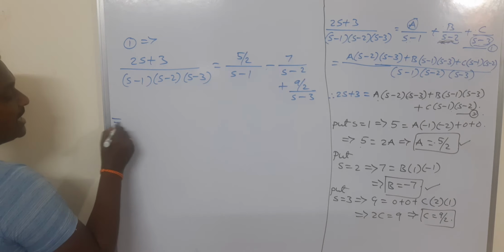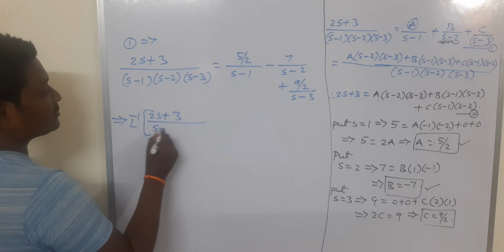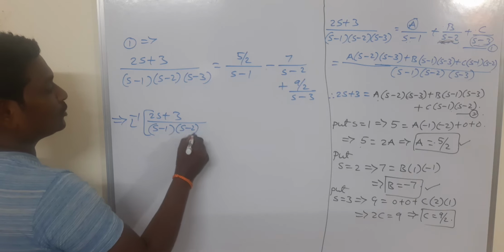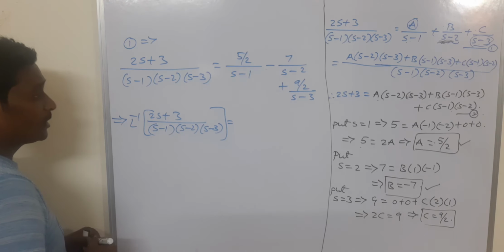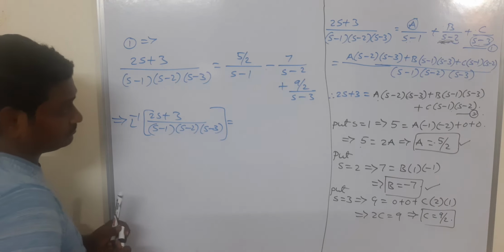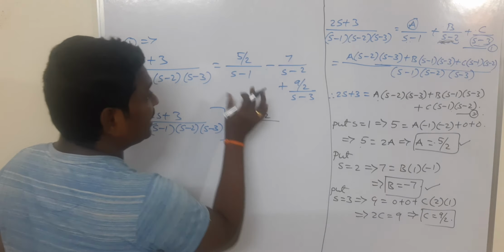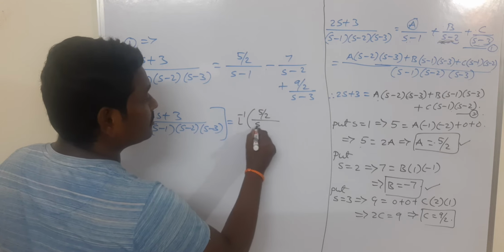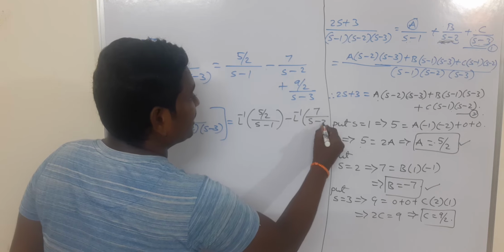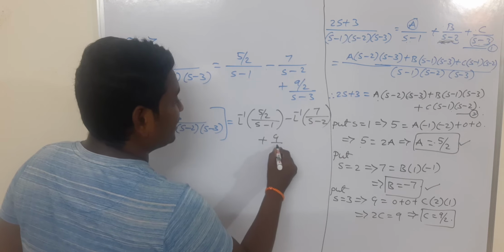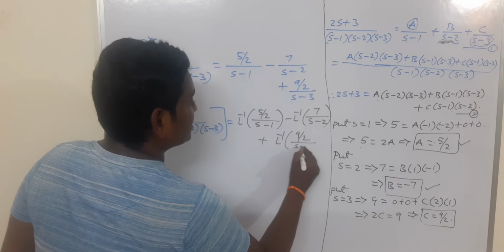Take L inverse on both sides. So L inverse of 2s plus 3 whole by s minus 1 into s minus 2 into s minus 3 is equal to L inverse of 5 by 2 by s minus 1 minus L inverse of 7 by s minus 2 plus L inverse of 9 by 2 by s minus 3.